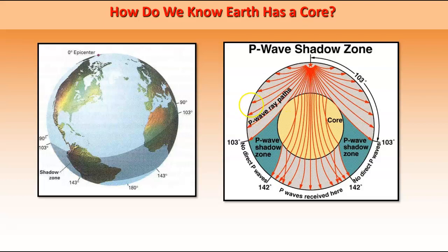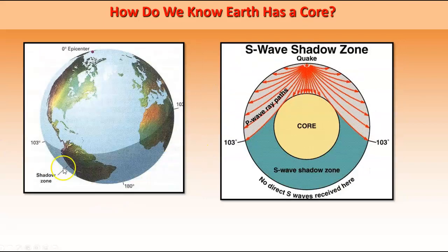But the thing that I think makes the most sense, working off that principle of these energy waves moving or speeding up, is when we look at the S wave, so this one probably makes a little more sense. We said that S waves do not travel through liquids. And so when there's an earthquake, let's say up at the top here, there are no recorded S waves on the opposite side of the planet.